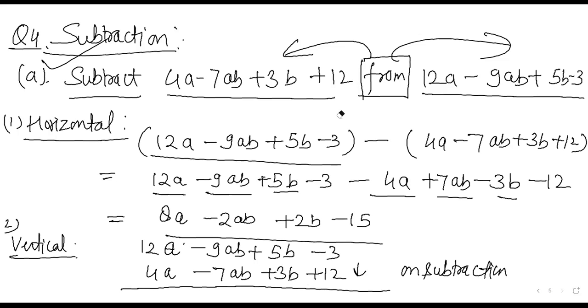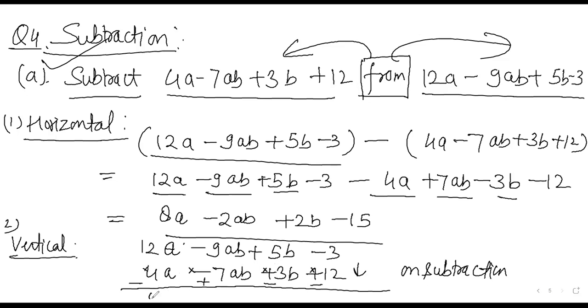Why will this change? Because a bracket with a minus sign will be outside, that's why the sign will change. So it will be plus sign; minus gives you positive, and plus gives you negative. Now you cannot take the original sign, you have to take the changed sign.